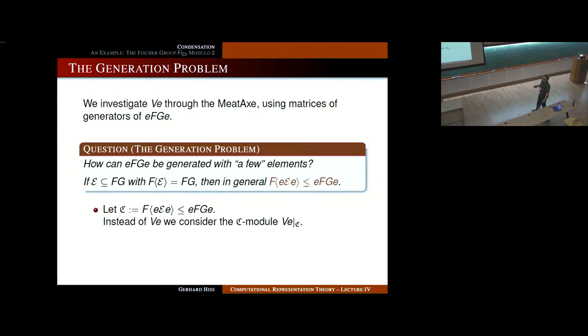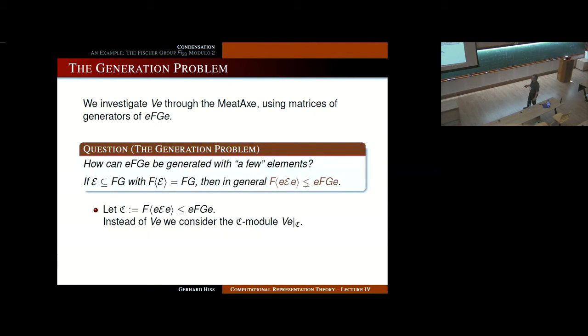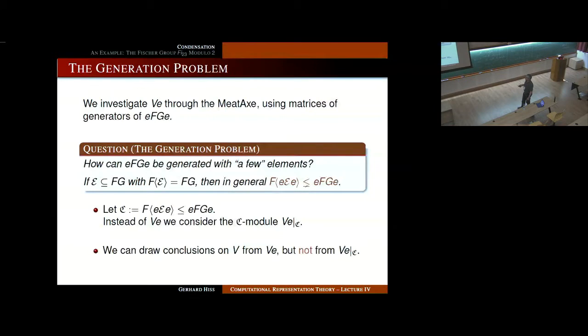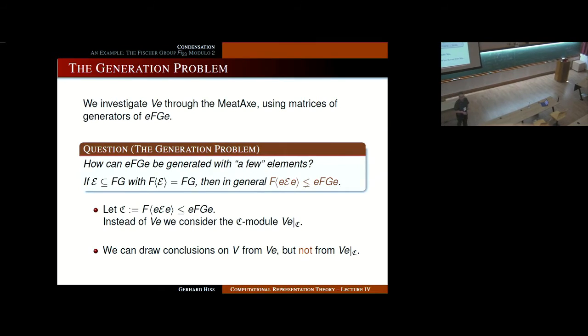And then we work with this algebra, which is generated by these condensed matrices, but in general, we don't know whether it's the whole algebra. So we work with some subalgebra C of it. We can draw conclusions on V from VE with the action of this, but not from the restriction of VE to Z. So somehow we have to make sure that on this restriction nothing bad happens.